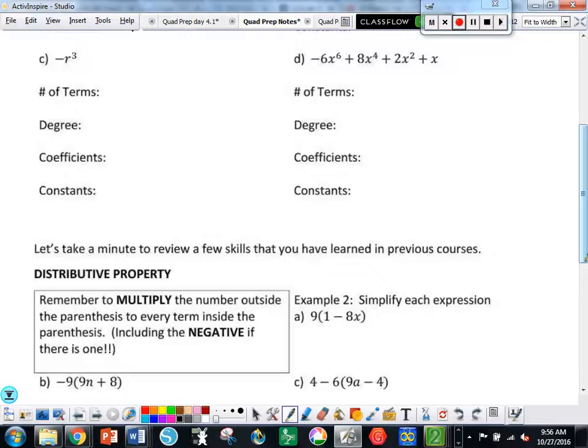Now in this one, there's not a number in front of the R. So what is the coefficient of this R? What is the coefficient? -1.